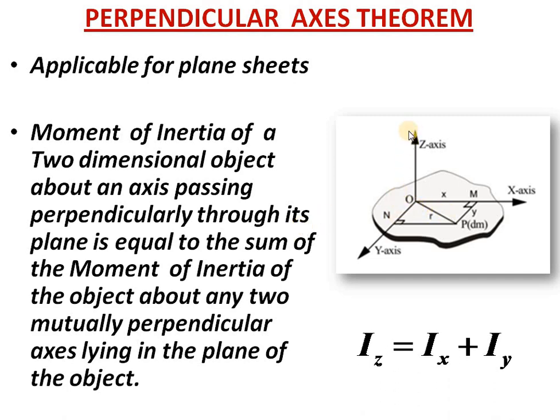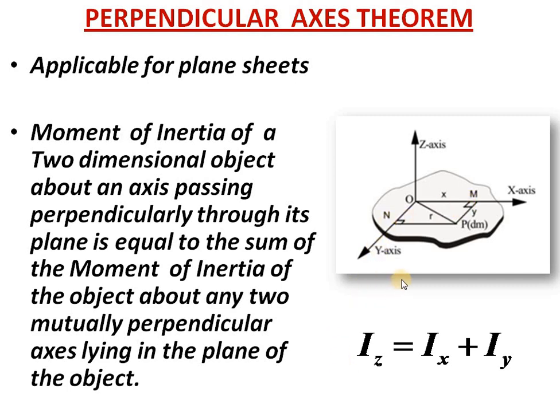If you consider the moment of inertia of the lamina with respect to the z axis as Iz, then that Iz will be equal to the sum of the moment of inertia with respect to the x-axis and the moment of inertia with respect to the y-axis. Ix plus Iy will be equal to Iz.